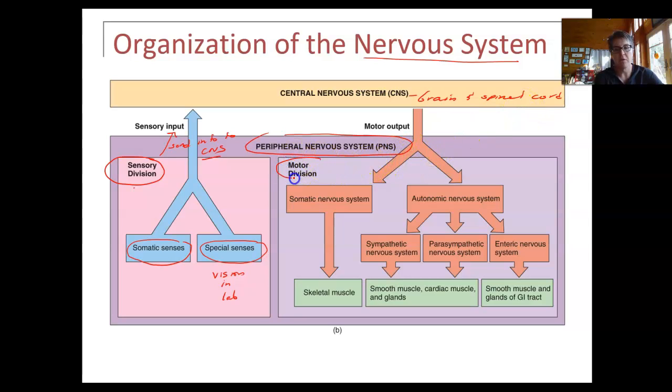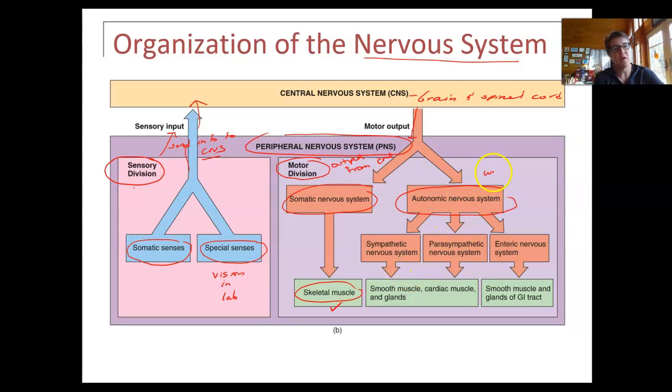And then I have the motor division. The motor division is the output from the central nervous system. So you can even see this is the input, sending it to the central nervous system, and then this is the output. And the motor division has two main branches, the somatic nervous system, which talks to skeletal muscle. We've already done that one. And then the autonomic nervous system.